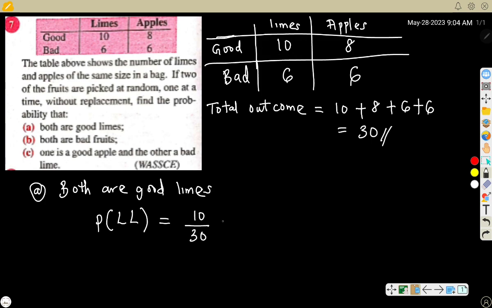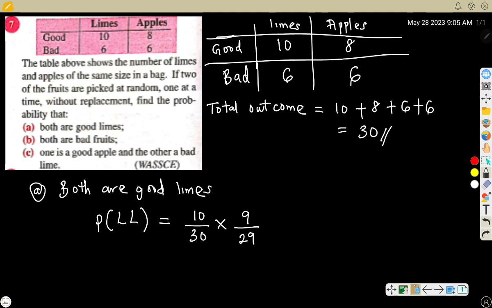So 10 over 30 times, remember it is without replacement. If you pick the first one and it is a good lime, the number of limes will reduce to 9 and the total number of fruits will be 29, because the total was 30 before. Now you've picked one out, so the total will be minus 1, that is 29. Also the limes were 10 before, removing one there is 9.